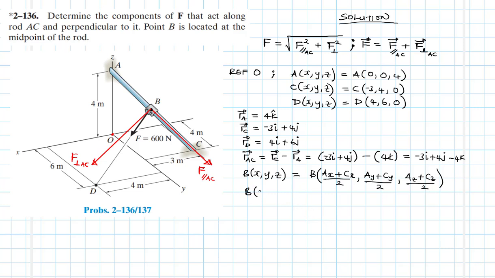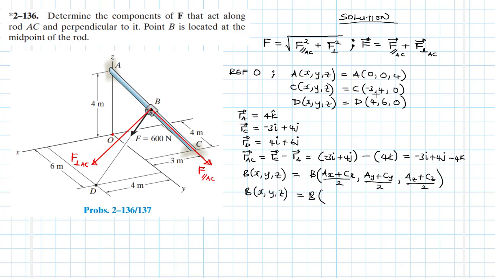Therefore, B, X, comma, Y, comma, Z is going to be equal to B. What do we have? AX and AY at A is 0. So here we only have CX. What is CX?